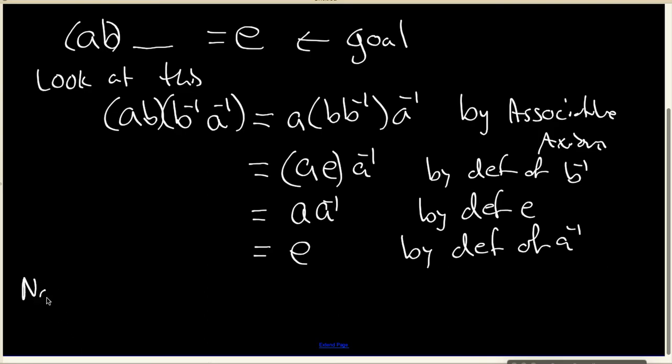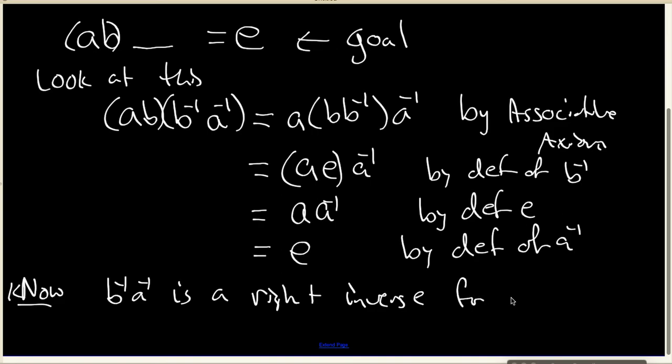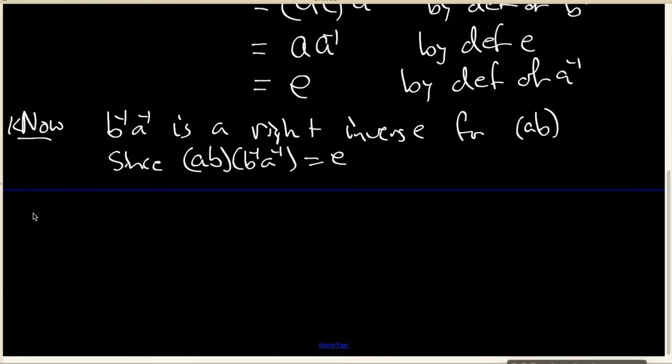We now know that B inverse times A inverse is a right inverse for the element A times B, since AB times B inverse times A inverse turned out to be E. And we also know that right inverses are unique.